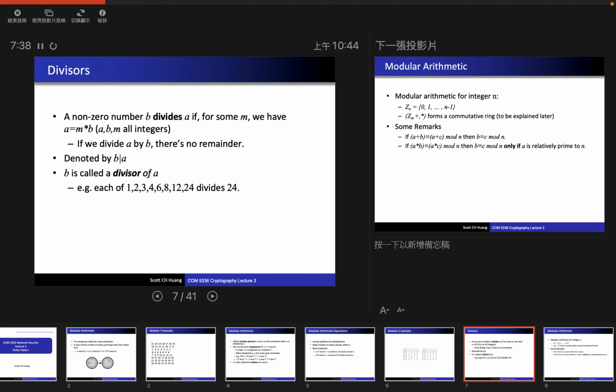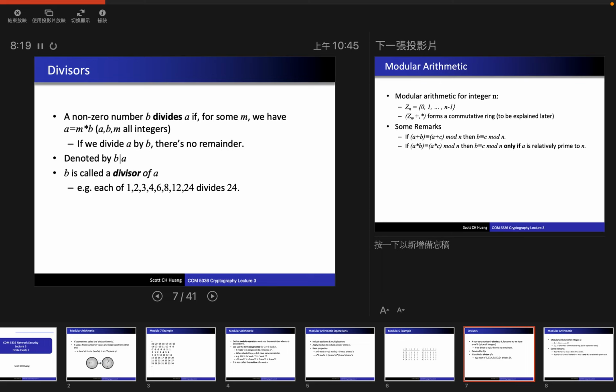And divisors, okay? Let's say B divides A if A is a multiple of B. So B is called a divisor. In English, this is translated into Chinese as different technical terms in different situations. Here we call it 因数, so it's actually the same as a factor.